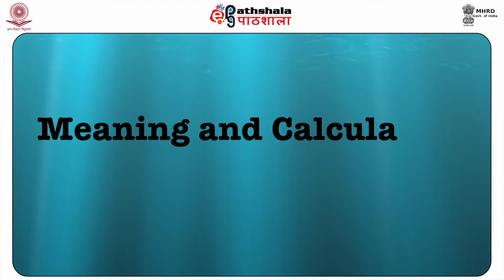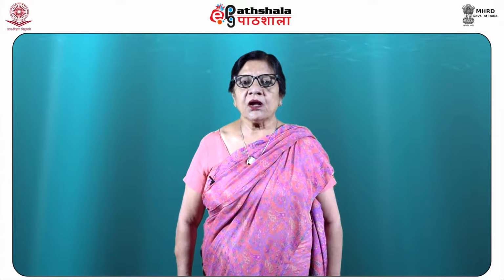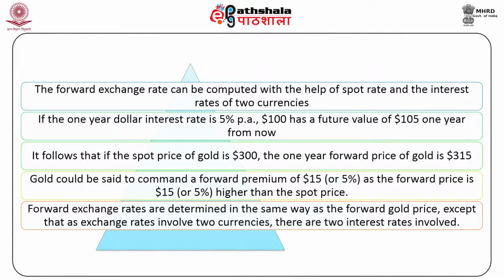Meaning and calculations. Forward exchange rate. In this section, the concept of forward exchange rates and forward margins is developed. The forward exchange rates can be computed with the help of spot rate and the interest rates of two currencies. If in 1 year the dollar interest rate is 5% per annum, $100 has a future value of $105 in 1 year from now.